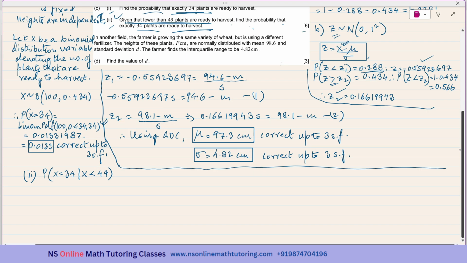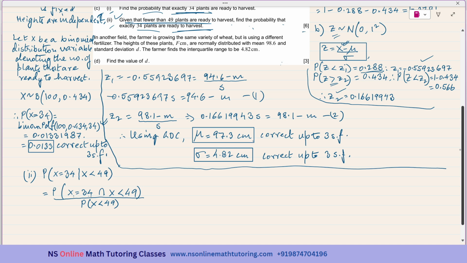So let me write the formula first of all. It is P of X equal to 34 and X less than 49, over P of X less than 49. We know P of X equal to 34. Why do we need this?